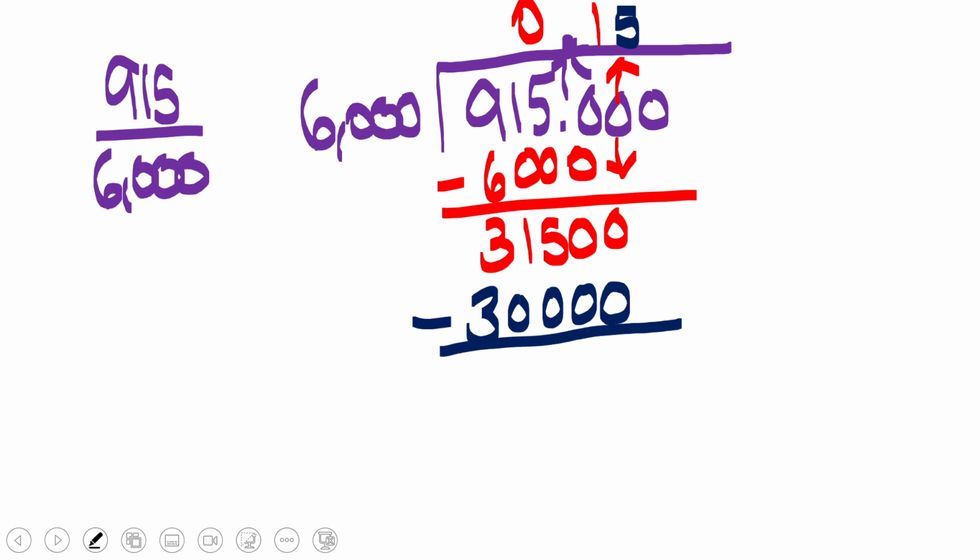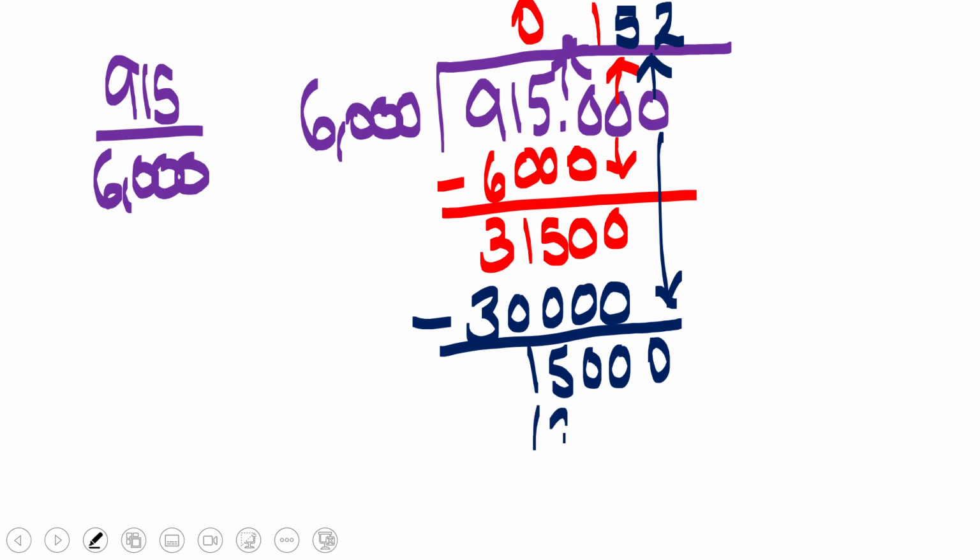Okay, so 31,500 minus 30,000 leaves 1,500. Going to bring down, work above. 6,000 fits into 15,000 twice. That will be 12,000. It's going to leave a 3,000.